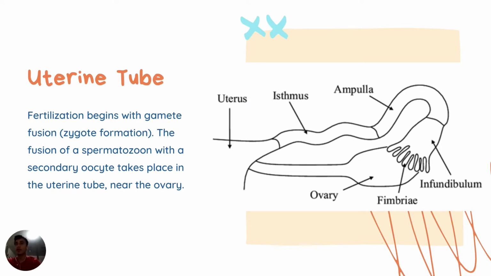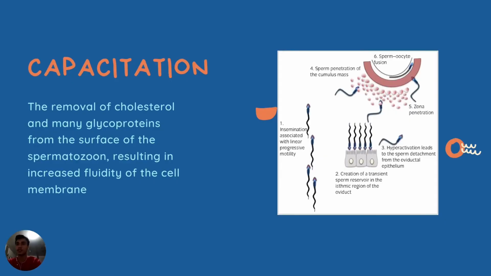Before spermatozoa can fertilize the oocyte, they must first undergo biochemical and physiological modifications within the female reproductive tract. This is called capacitation, which involves the removal of cholesterol and many glycoproteins from the surface of the spermatozoon, resulting in increased fluidity of the cell membrane.